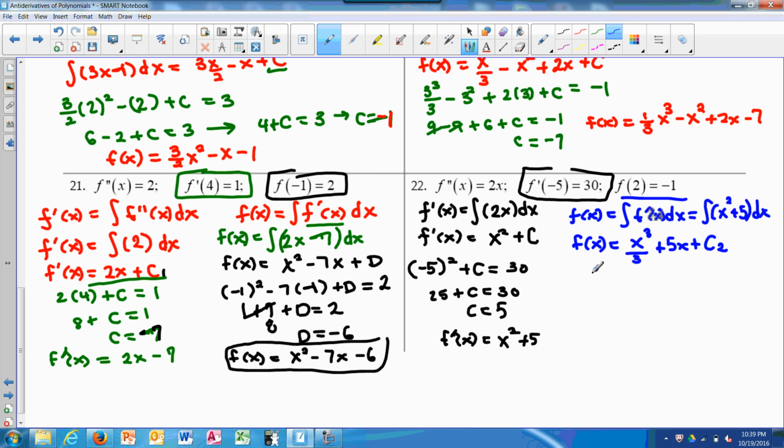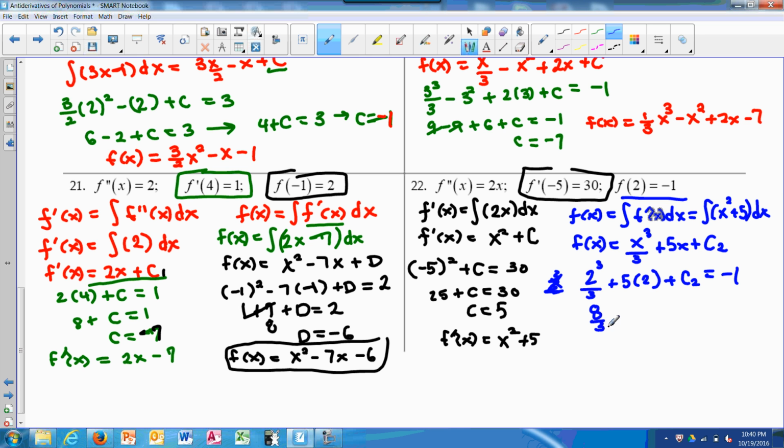Using my initial value, I substitute 2 in, so 2 cubed over 3 plus 5 times 2 plus some unknown constant has to equal -1. Notice I am never using a crossbar for multiplication. You can't use an x for multiplication. It's not allowed. That's a variable or it's a cross product.